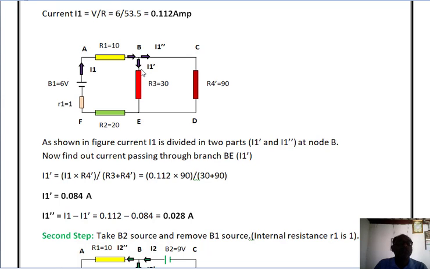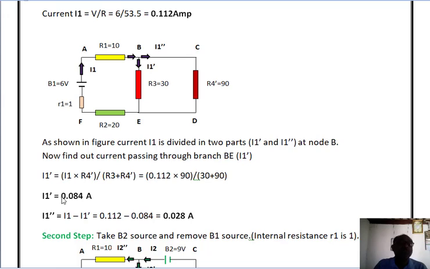Whatever current passing through the element is required, put a hand on this resistance and write down the remaining resistance. Here only R4 dash is remaining. So according to the current dividing rule, I1 dash is nothing but I1 into R4 dash divided by R3 plus R4 dash.